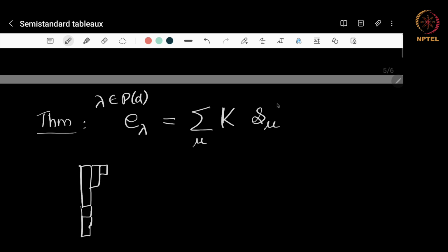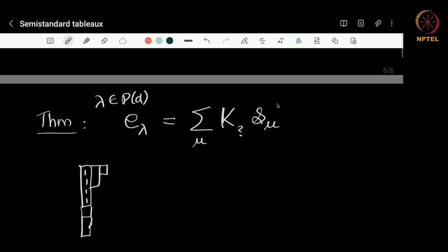Since I want to express my coefficient in terms of semi-standard tableaux, I'm going to look at the conjugate of this shape. The final shape is still mu, but the fillings I'm going to talk about weakly increase along the rows and strictly increase along the columns.